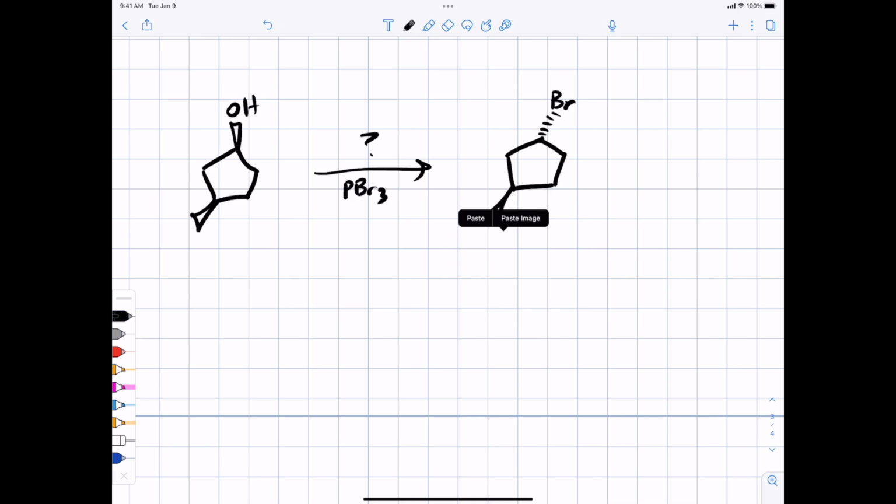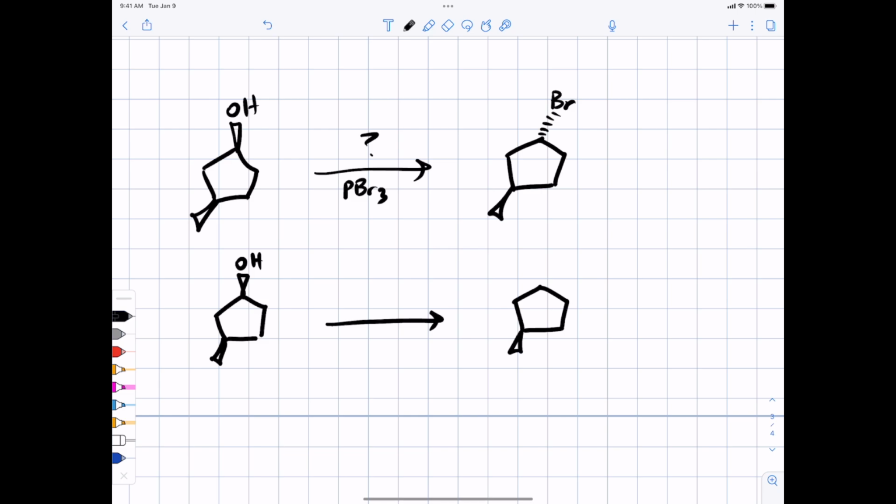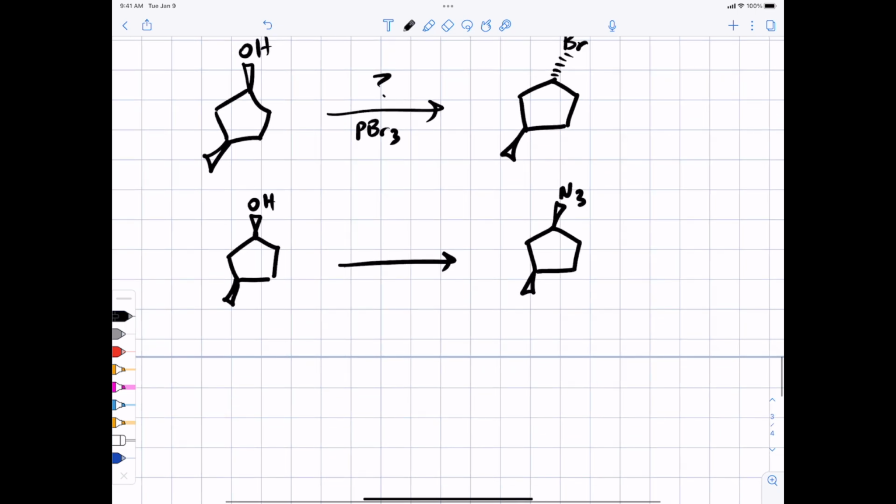Also, I could make it slightly more complicated. I could say, take this alcohol and turn it into this product. And I'll give you a hint, you can't do it in one step. Any proposed strategies? Yes? So you first use the PBr3 and the imidazole bond as backside attack.